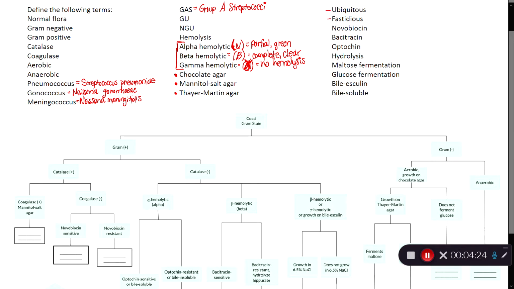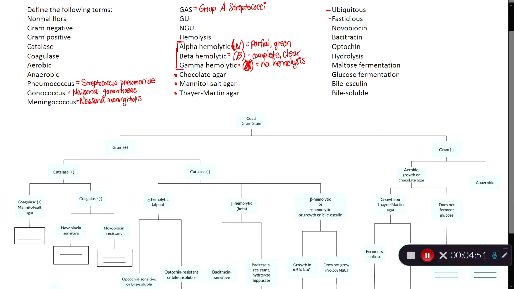Ubiquitous versus fastidious. Ubiquitous would mean that a particular organism is found pretty much everywhere. So they're usually associated with bugs that you would find very commonly in soil, water. So we often say that Pseudomonas is pretty ubiquitous, or our soil-dwelling organisms like Clostridium are ubiquitous.